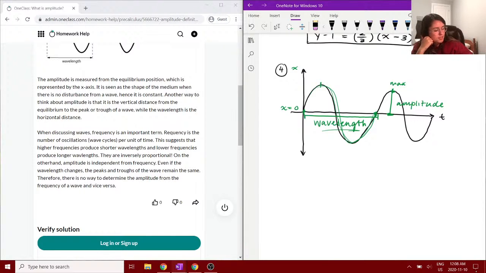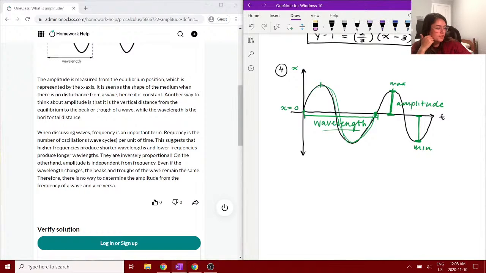So this here is the amplitude. I keep drawing over the same lines, but this is the amplitude. This distance here is also the amplitude, from the max to x equal to 0, or from x equal to 0 to the minima.